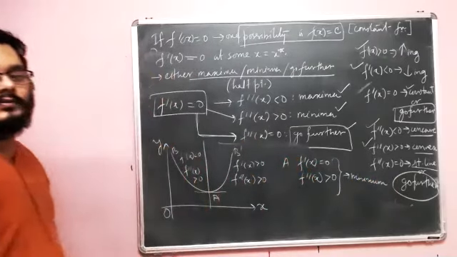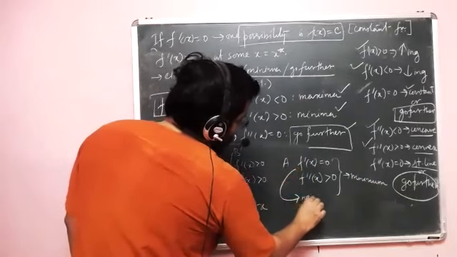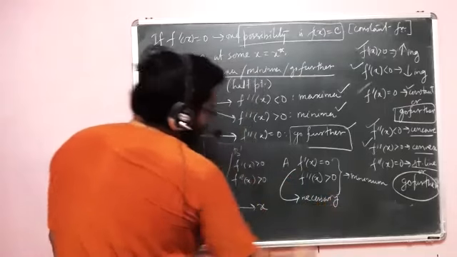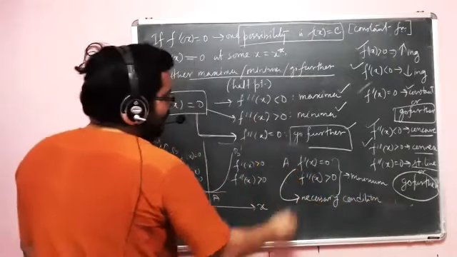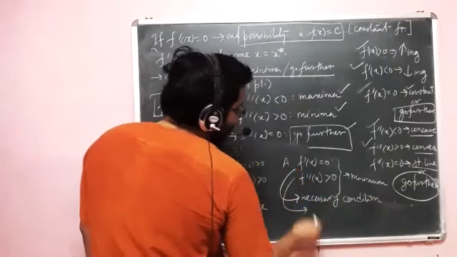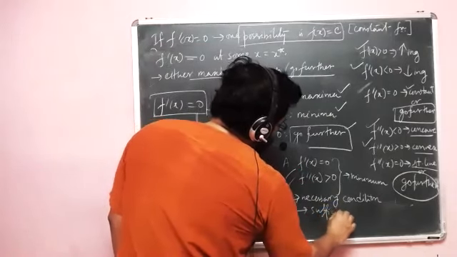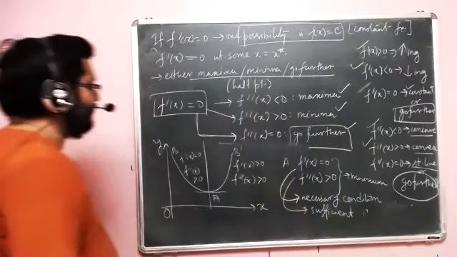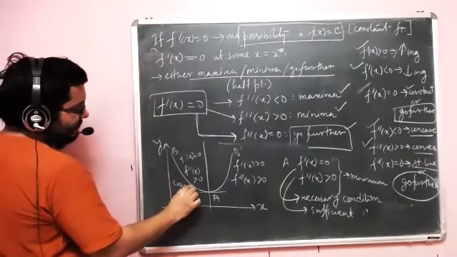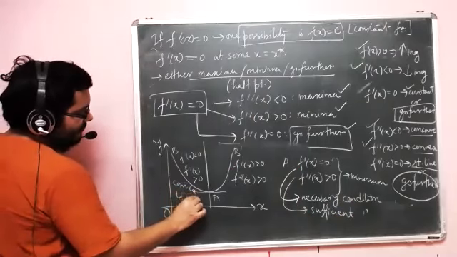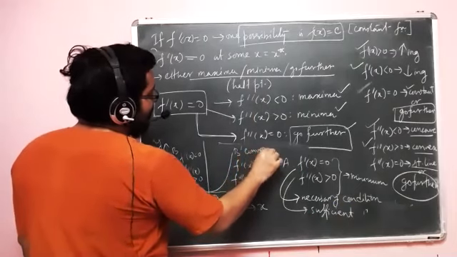So from the point of view of a minimum, I have f dash x equal to 0 as the necessary condition, and f double dash x positive as the sufficient condition. On the left side, I have convex to origin, and on the right side I have convex towards the x-axis.